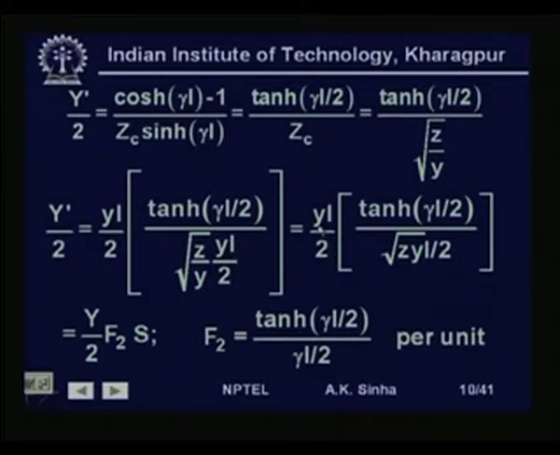Therefore, we will get this equal to yL by 2 into tanh(γL by 2) divided by the square root of Z into y into L by 2, which is equal to y by 2 into yL, that will give me the capital Y, that is the total shunt admittance of the line. So, this is Y by 2 into F2 Siemens, where F2 is equal to tanh(γL by 2) and root yz is nothing but γ. So, this is γL by 2 in per unit.